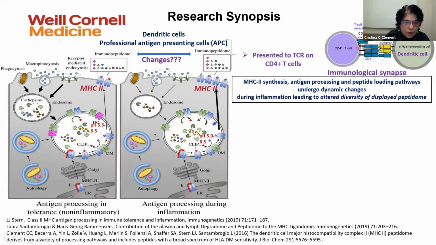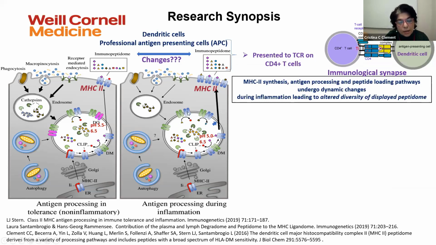Under inflammatory conditions, as reported by many researchers in the field, there are changes associated with the distribution of the immunopeptidome. First of all, the MHC class 2 molecules increase in their expression on the cell surface. Then there is, of course, a differential type of exposure of the peptide epitopes. The low acidic pH under inflammatory conditions in the late endosome could change the affinity of some peptide epitopes during the exchange with CLIP, and the editing could be different.